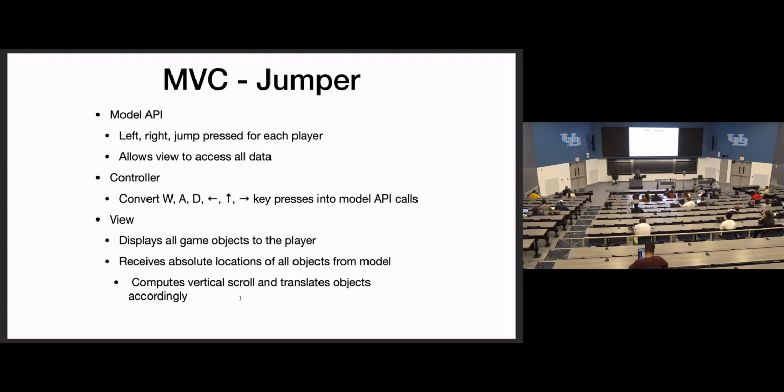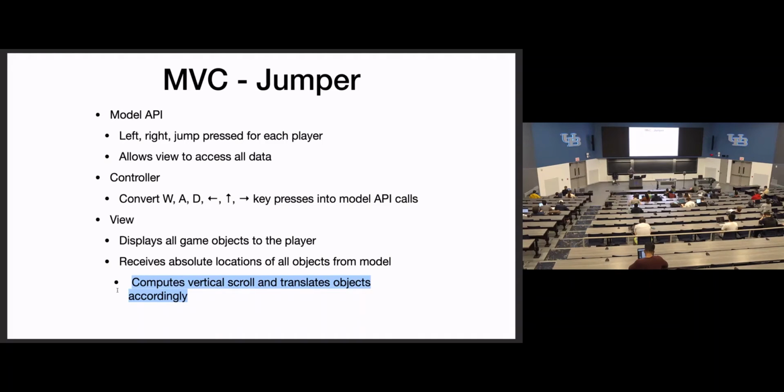And the view was the GUI that we saw. The view does a little bit of processing to do the vertical scroll. If you look through the code, the view gets the absolute locations of all the platforms and the two players, and then it decides which section of that to show to the player. So it does do some processing to affect the scroll, to decide what to show and how to show it, but it's not doing processing that affects the state of the game.